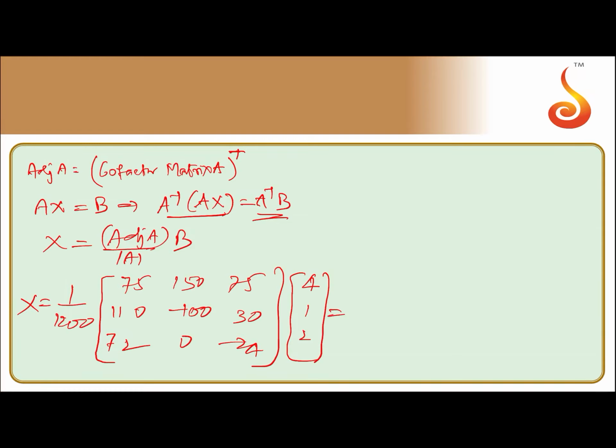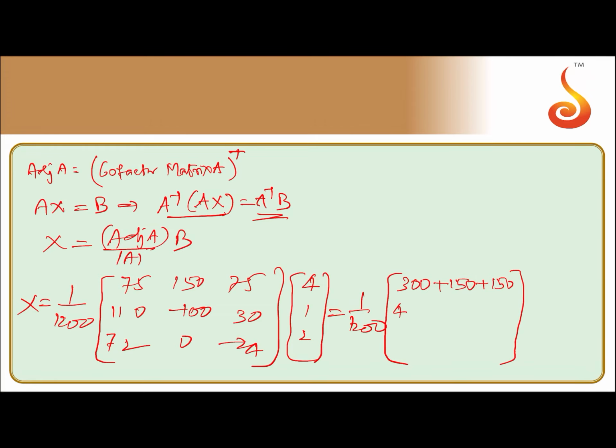And when you multiply this, you'll be getting 1 by 1200 times the value 75 fours, 300, and plus 150, 450 plus 150, yes, 300 plus 300, 600.